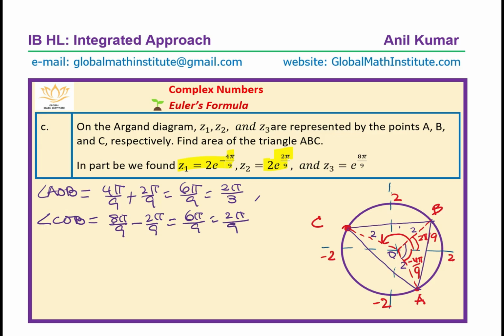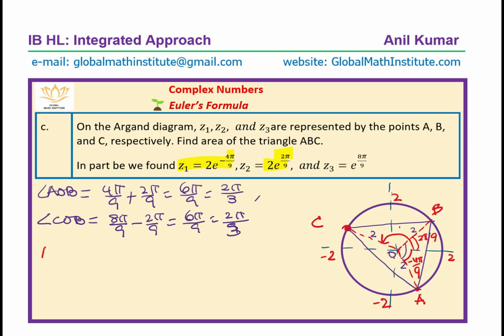So all three are exactly the same congruent triangles with two sides as 2 units and the angle between them as 2 pi by 3. Correct? Isosceles triangles. So the total area will be 3 times the area of each triangle.